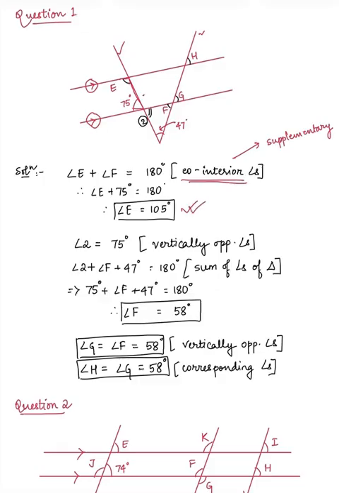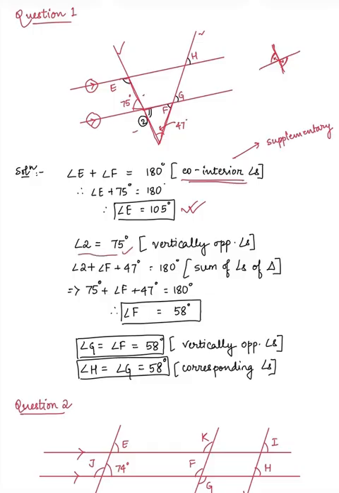Now you see we have a small triangle over here and one angle is given as 47 degrees. So we can very easily find angle 2. How? Because they are vertically opposite angles. We have two lines which are crossing each other, and we learn the property that the opposite angles will be equal. So angle 2 is 75 degrees.